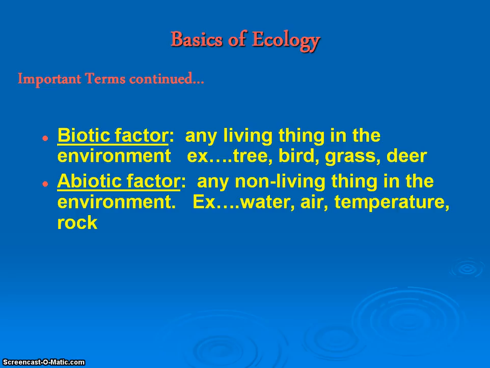The abiotic factor is going to be that part of the environment that is non-living. The climate, rocks, the water, the air, the temperature, storms that could go through with the weather conditions. Those are all non-living aspects of the environment.